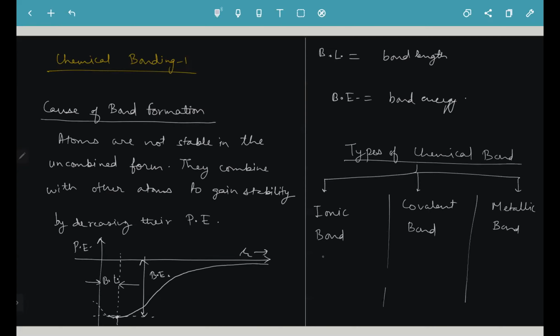Ionic bond is also known as electrovalent bond.